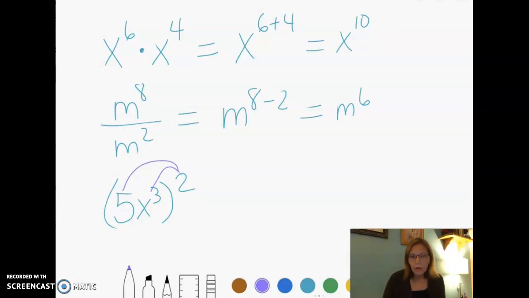So it's 5 squared, my mistake, it's late and I'm tired. 5 squared is 25, and x to the third with another exponent on top of it, I'm multiplying those exponents. So 2 times 3 is 6, which would give me x to the 6th. So 25x to the 6th power. Okay?